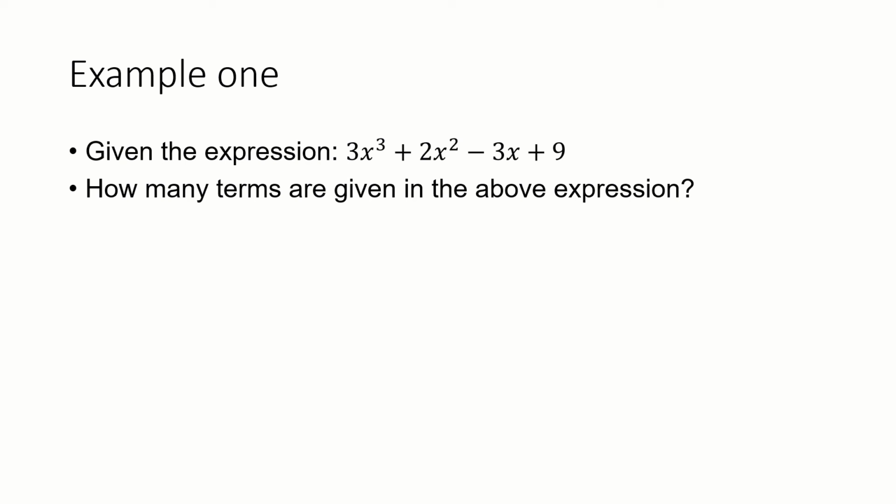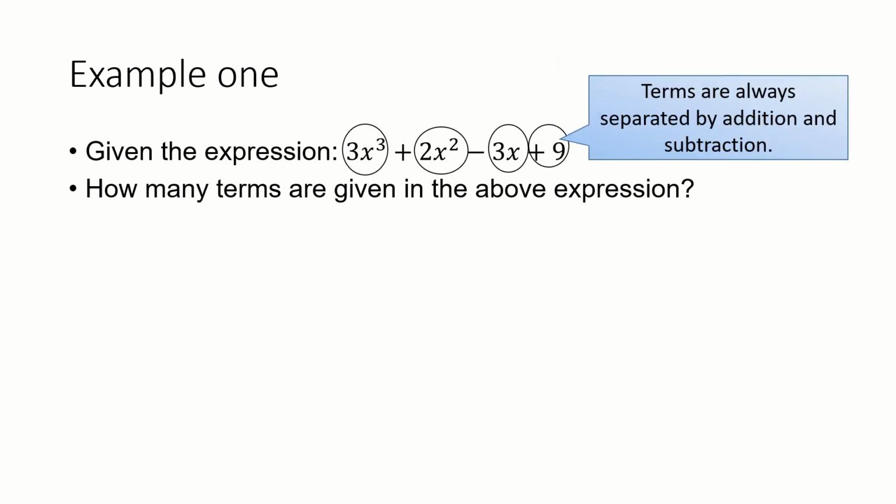So that tells you that 3x cubed is a term on its own, and 2x squared is a term on its own, and minus 3x is also a term on its own, and the last one will be 9. In essence, we are given 4 terms. The first term will be 3x cubed, the second term will be 2x squared, the third term will be 3x, and the last term will be 9.